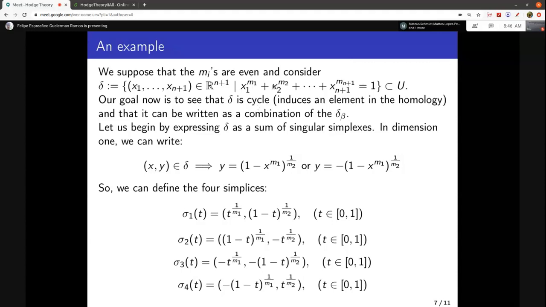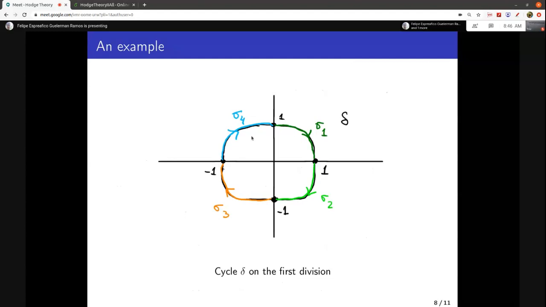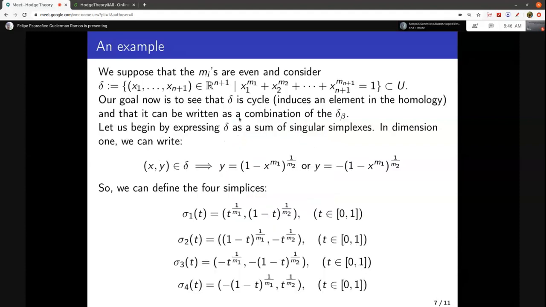So if this is even, we have that this curve has this form, some kind of a more flat circle, and we are going to show that it can be written as a combination of the delta betas. So first, we write this delta as a sum of singular simplexes. So we first consider this.